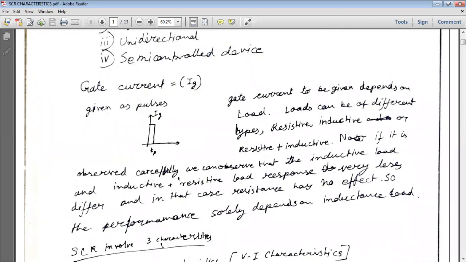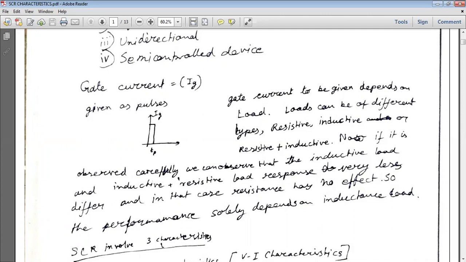Now, if it is observed carefully, we can observe that the inductive load and inductive plus resistive load respond with very little difference, and in that case the resistance may have no effect. So the performance is solely dependent on the inductive load.